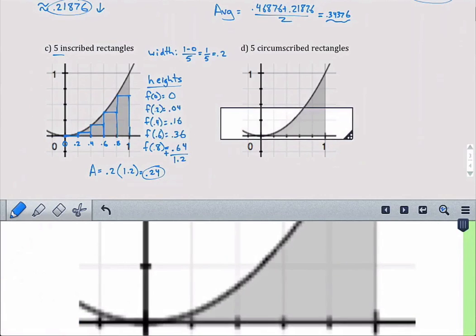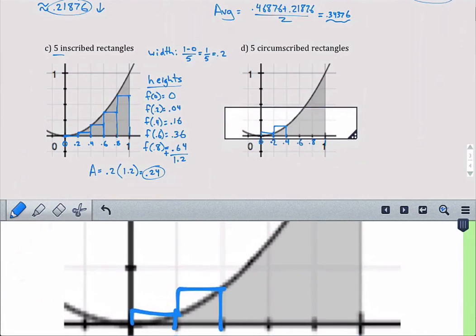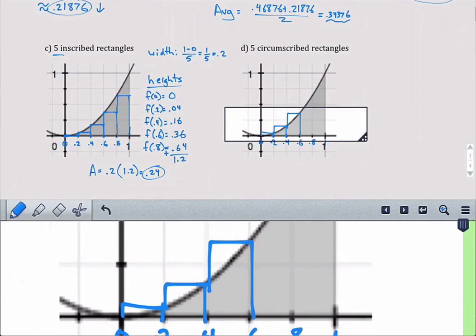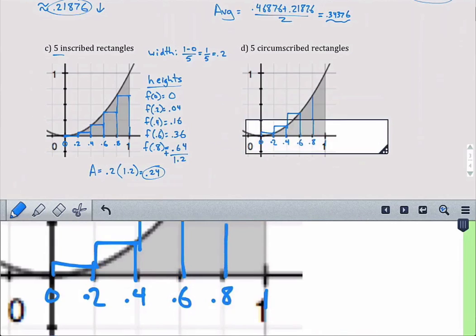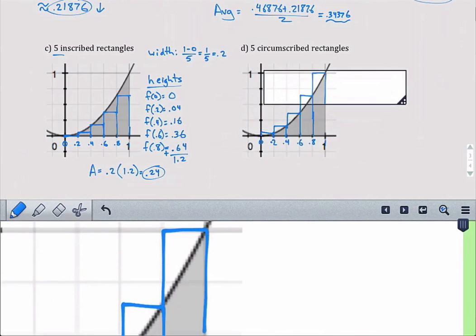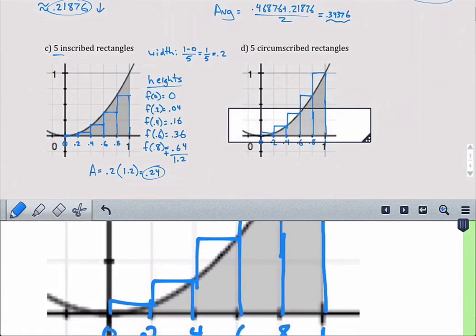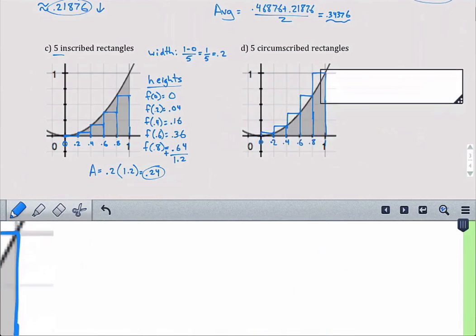So let's go ahead and find 5 circumscribed rectangles. Again, we're going to have this here 0, 0.2, 0.4, 0.6, 0.8, and 1. And so now we want circumscribed, so we want the rectangles above. All right, so there are 5 circumscribed rectangles, and let's go ahead and find our heights.